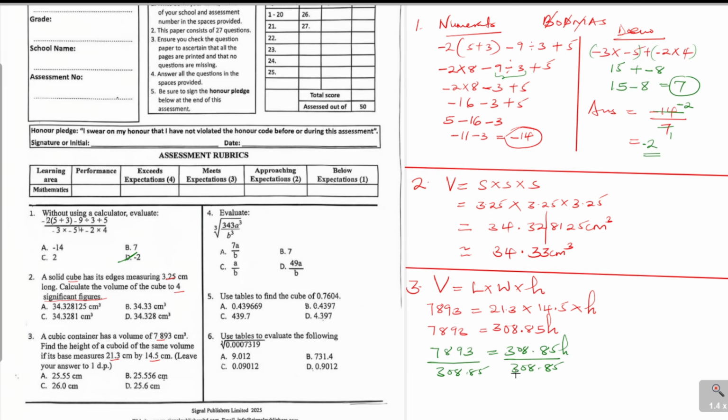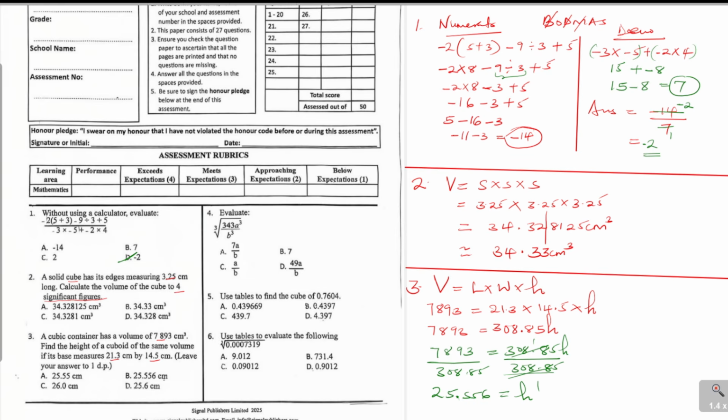When you cancel these out, you remain with h equals 7893 divided by 308.85. And this will give 25.556. You're supposed to leave your answer correct to 1 decimal place.